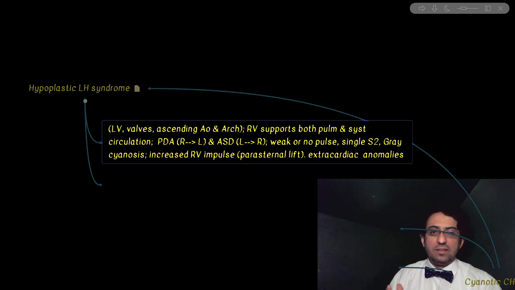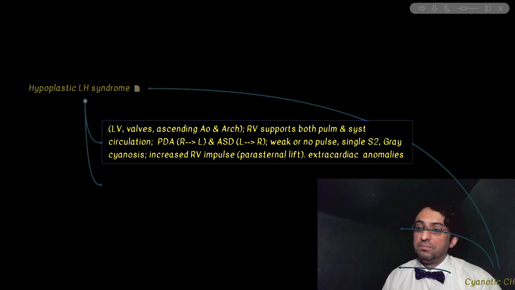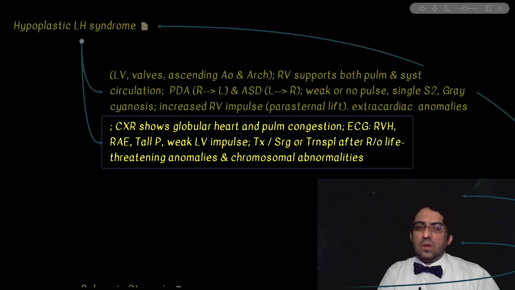No, contrary to coarctation, we have weak or no pulse in 4 extremities, and we have gray cyanosis, that's severe cyanosis, without differential. Again, based on what I discussed, what do you expect to see in the ECG of hypoplastic left heart syndrome: right atrial enlargement because the shunt of ASD pumps the blood to the right atrium, as well as tall P waves and weak left ventricular impulse.